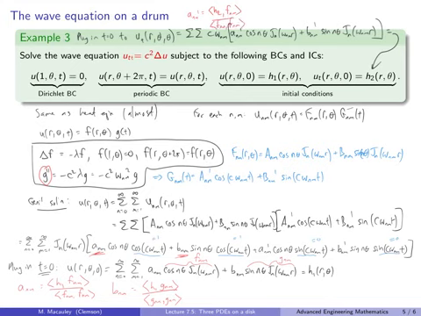Oh, but hold on, I got to be careful. I'm equating coefficients. So this is the corresponding coefficient in here, but now we have the c omega_nm. So I got to say c omega_nm times this. So we can solve for a_nm, and it's just this thing divided by the c omega_nm.